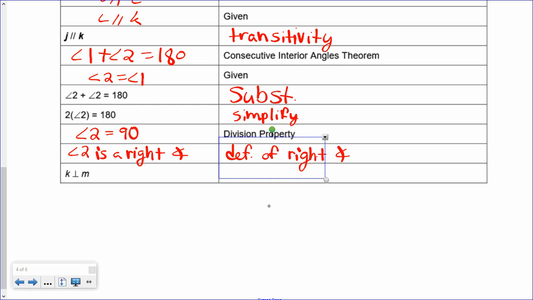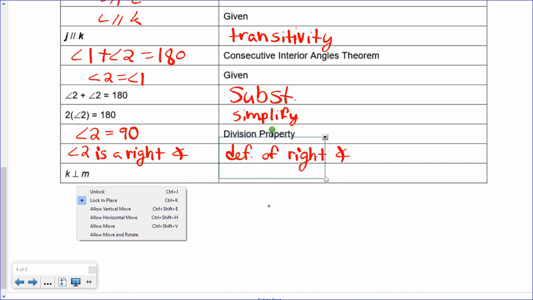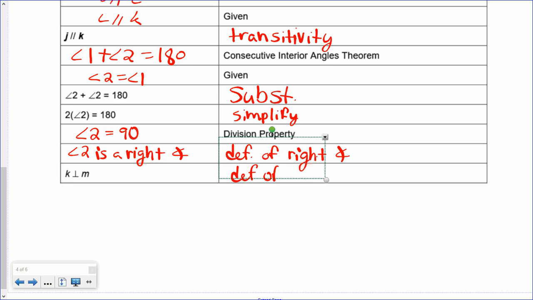If you're trying to say that perpendicular lines give you 90 degrees, you have to have that step that's the right angle first. So now that I know 2 is a right angle, how can I conclude that I have perpendicular segments? Definition of perpendicular. Right, so it goes 90 to a right angle to then perpendicular.